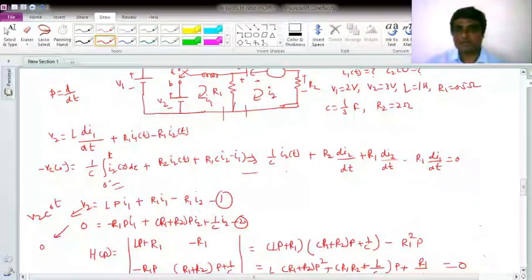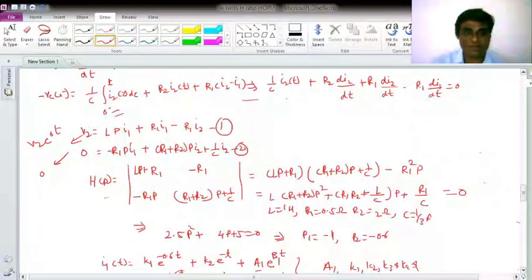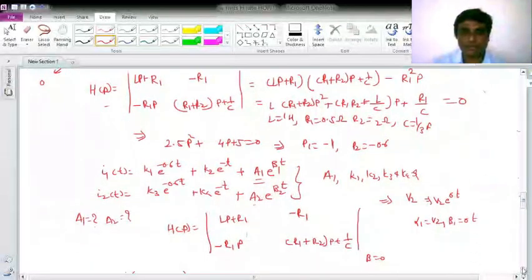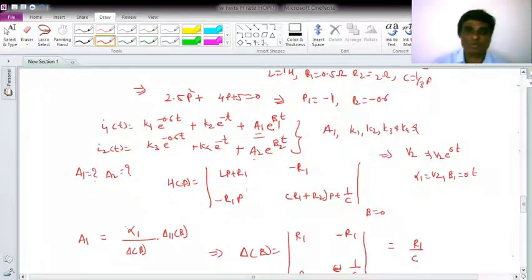Once you have written the equations, you replace it by operators, obtain the system characteristic equation, and with it you will get the roots, and for that you write for all the variables which you would like to compute, I1, I2, I3, that way. Okay, so here the order is 2, that's why I have written 2 equations. You may get 3 also, because the number of meshes may be 3, so you may get 3 simultaneous equations. And now you have to determine the particular solution and complementary solution.